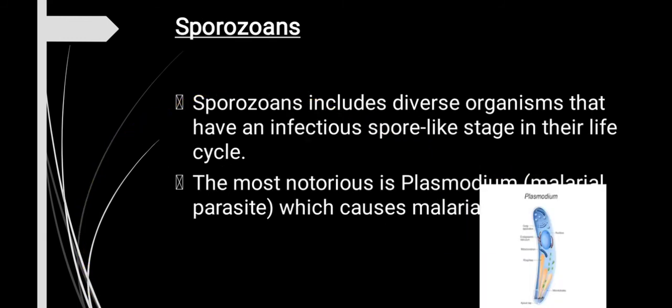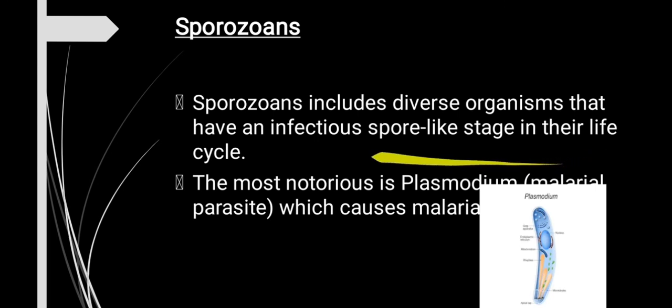And the last type of protozoan is the sporozoan. These sporozoans include diverse organisms, and they get the name sporozoan because they have an infectious spore-like stage in their life cycle.